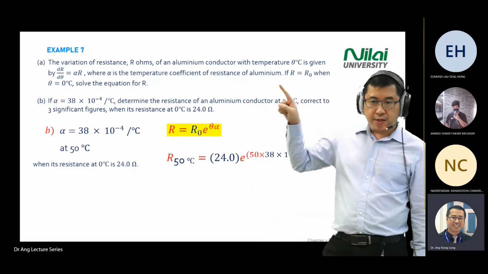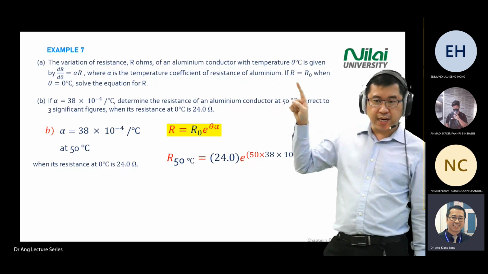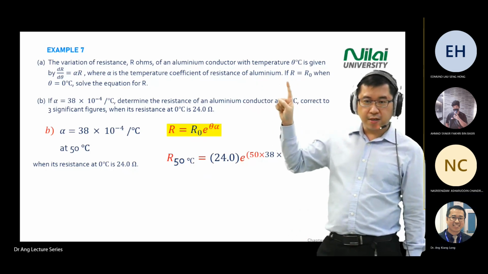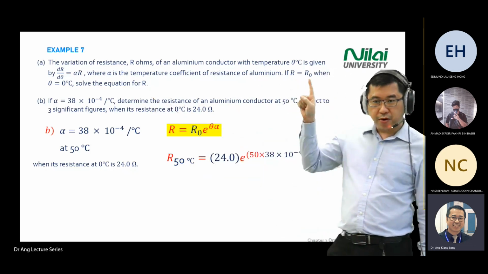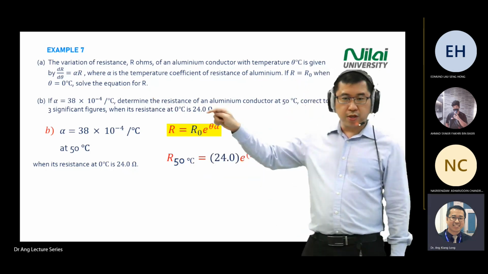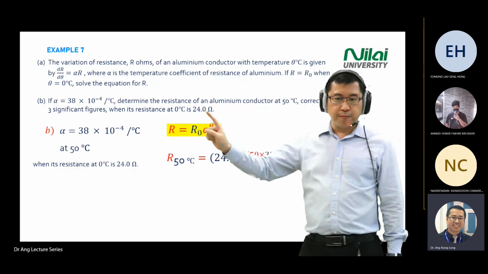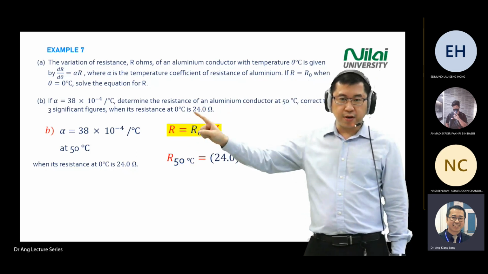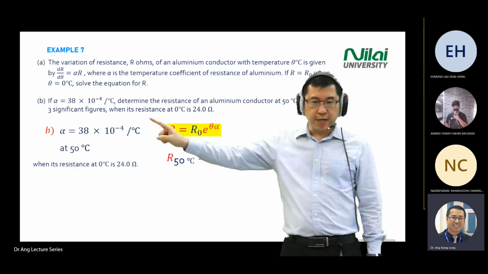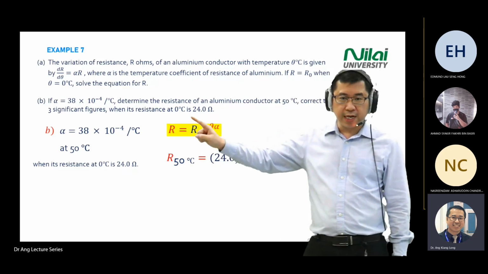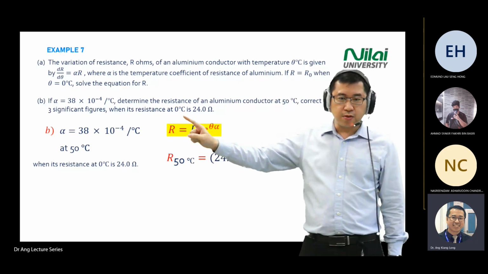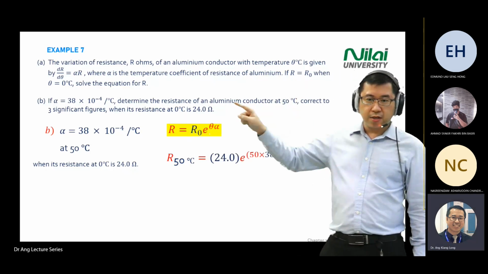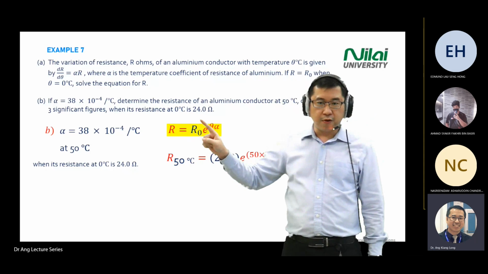Because in section A, it tells you what is the value of R when the temperature is 0 degrees C. It's R naught. So the original is R naught, then in B, it gives you the value of R naught. So read the statement. This means you need to relate to A. The resistance at 0 C is your R naught, so R naught at 0 degrees C is 24 ohm.